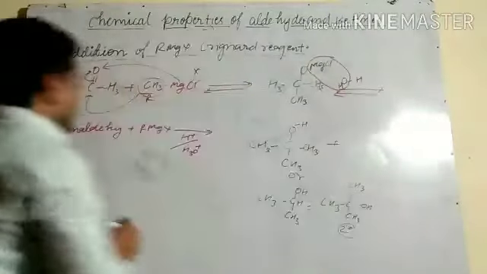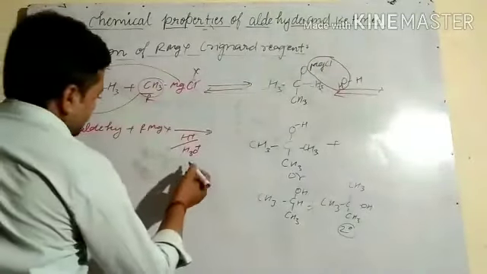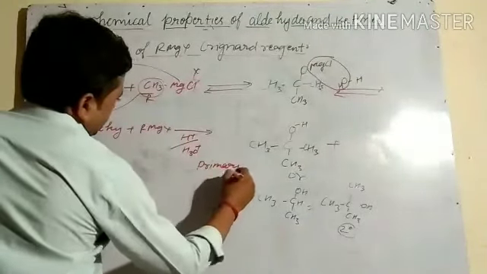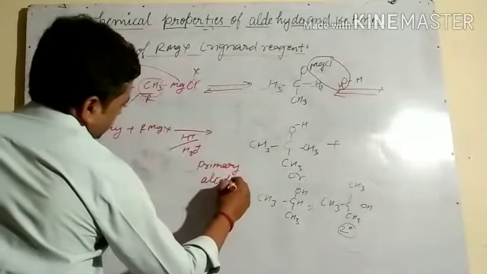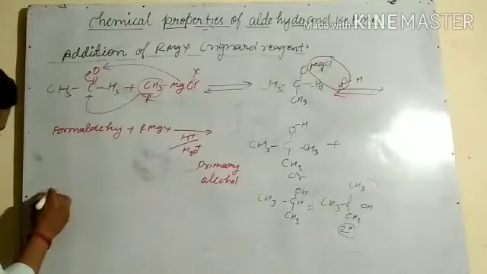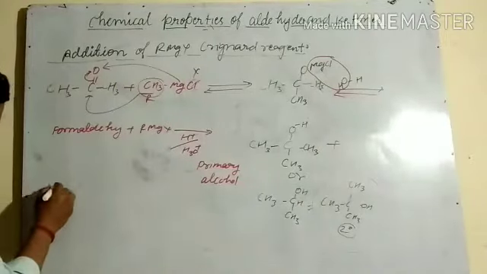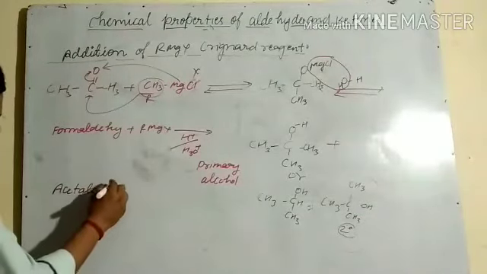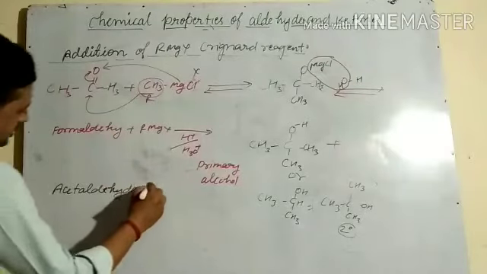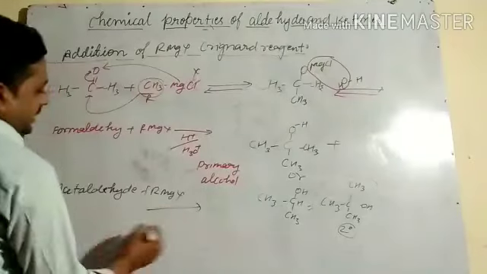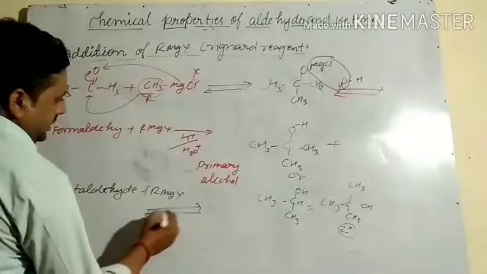Let us see what we will get. That is a primary alcohol. If we are taking acetaldehyde, CH3CHO, followed by reaction with RMgX, that means Grignard reaction, and followed by H plus.